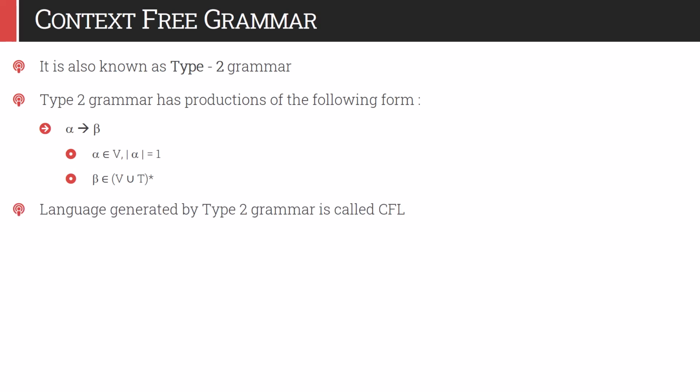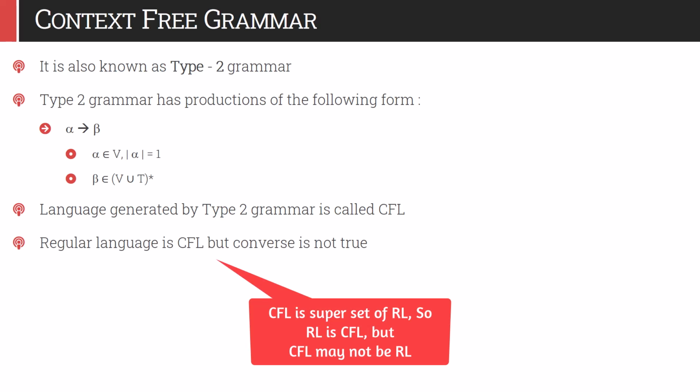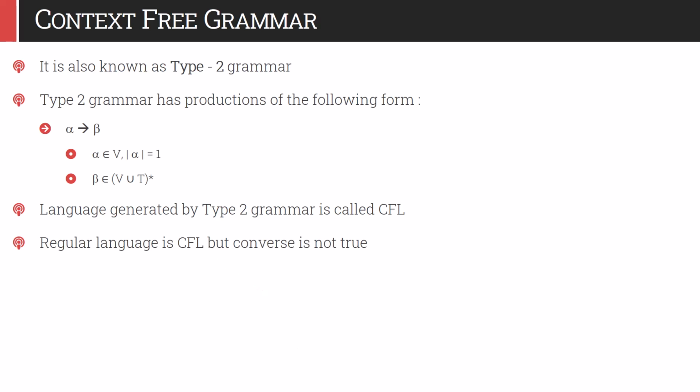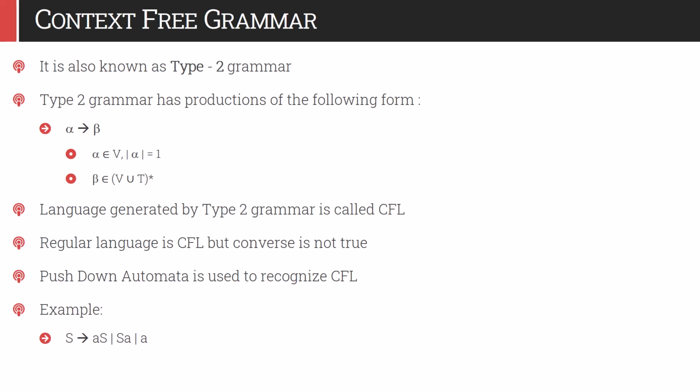And the language generated by type 2 grammar is called context-free language. Regular language is CFL, but the converse is not true, because regular language is a subset of context-free language. And like we were using finite automata for regular language, similarly we have pushdown automata to recognize context-free language.